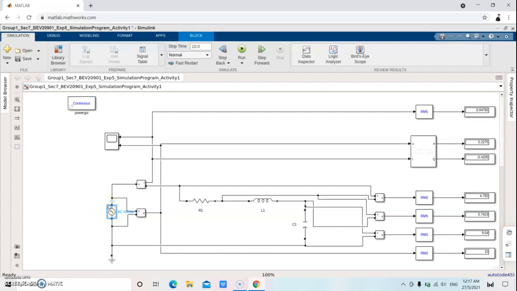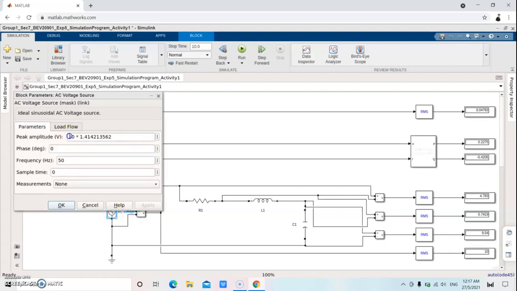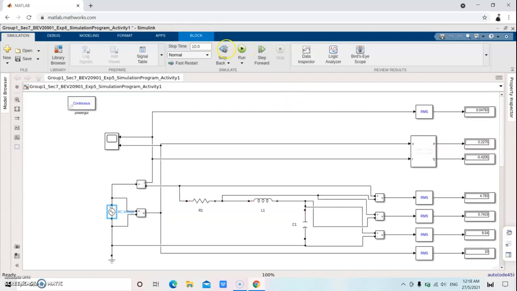We need to wait a while since the software is a little bit hung. Okay, we change to 20, and same, we need to multiply by the square root of 2, and the frequency remains the same with no change, and we start to simulate it.